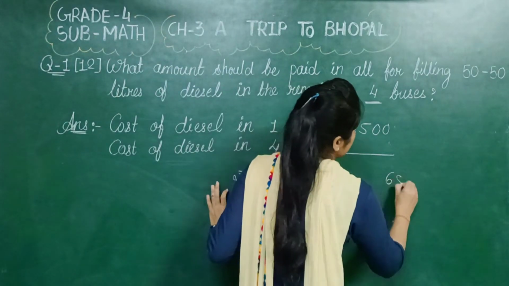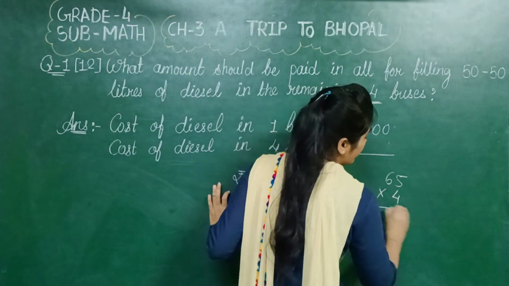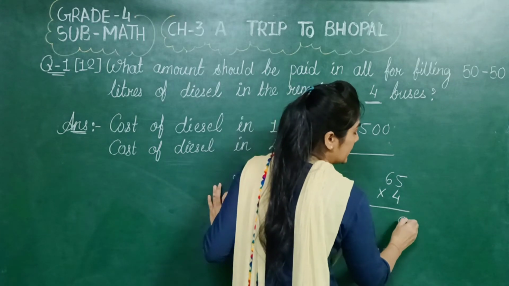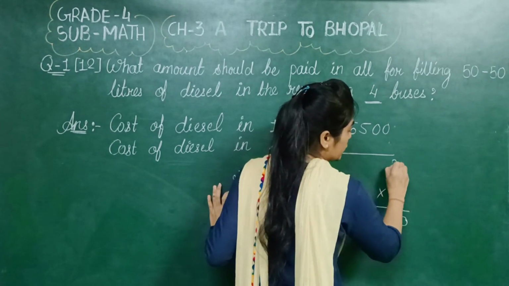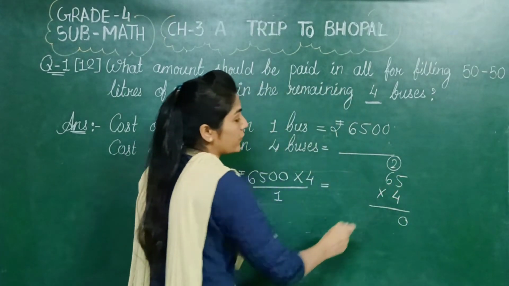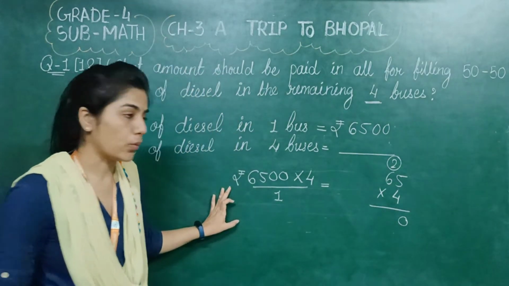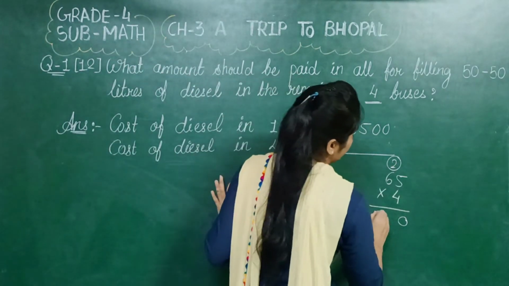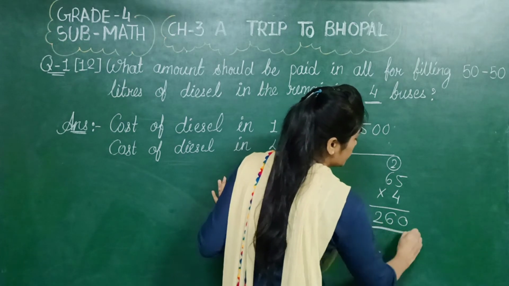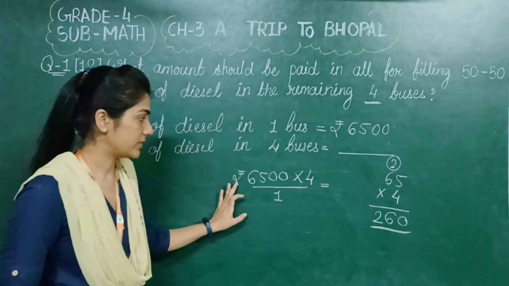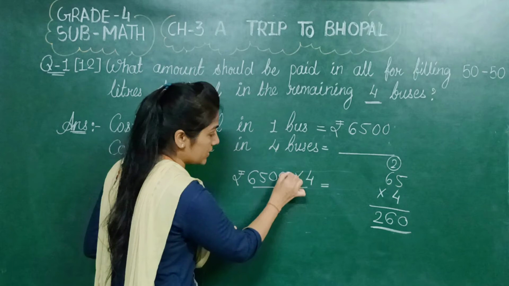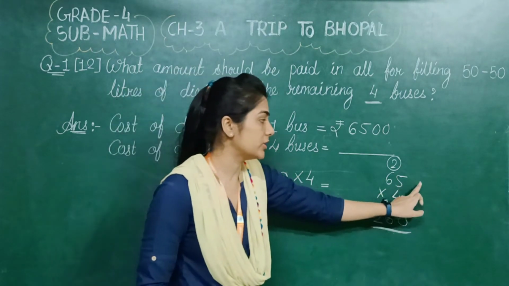Also you can do it like this: 65 multiplied by 4. 5 4s are 20, 0 of 20, 2 as a carry. 6 4s are 24, and 24 plus 2 is 26. So we have got 260, right? But this 20 is remaining because I have not mentioned 20 here.